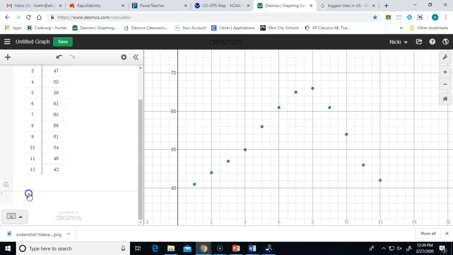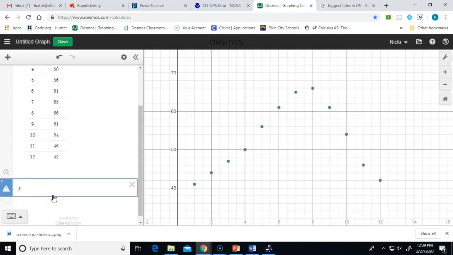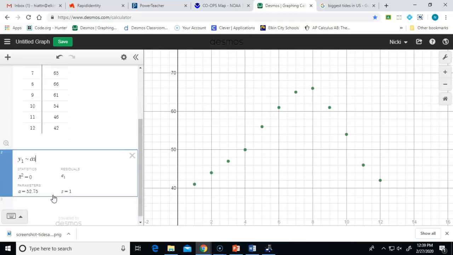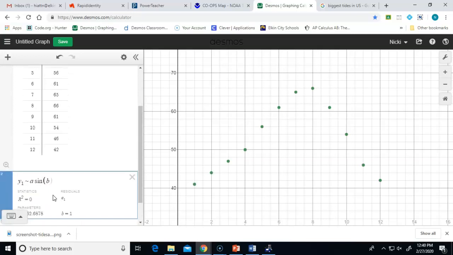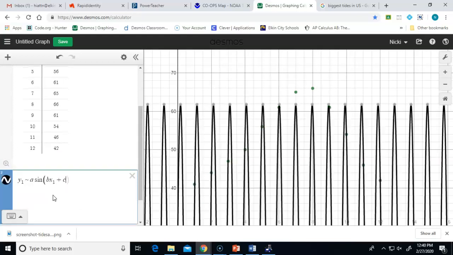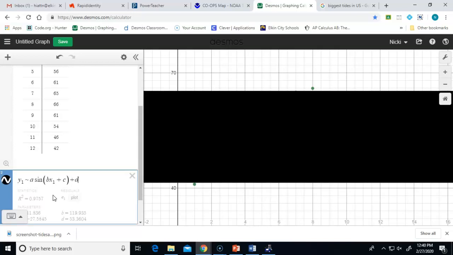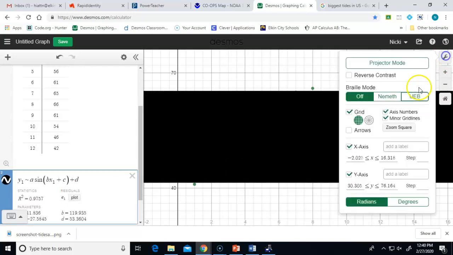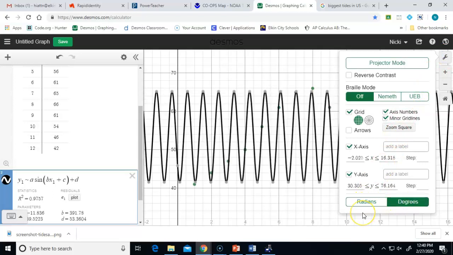Let's see if it'll work on this one, just because I'm curious. y1 = A sine(B x1 + C) + D. Nope, doesn't work. If I switch it so it's on radians, if I switch it to degrees, and that time I switch it to degrees and it still doesn't work. I think it's just unreliable, so don't try to do this on Desmos.